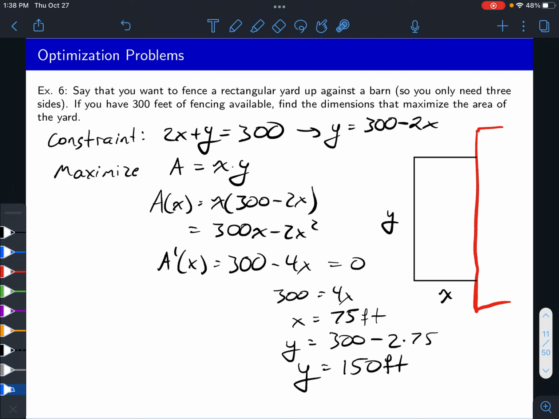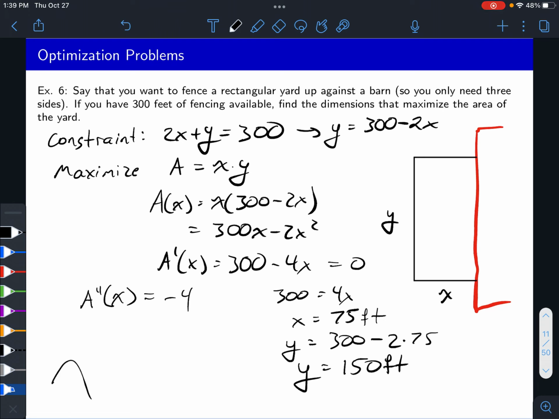And we want to also check that this is actually going to be a maximum. And let's see, I think I'm going to actually do the second derivative test here, because I think the second derivative test will be really easy to apply here. So what's my second derivative? My second derivative is just equal to -4. So it's just straight up always concave down.